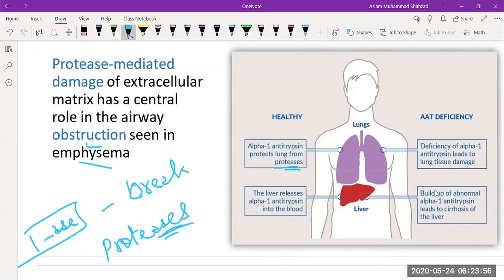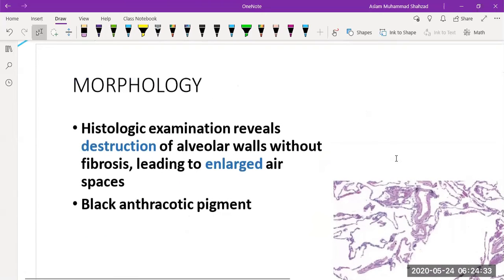So the liver releases alpha-1 antitrypsin into the blood. Because of the genetic malfunction or the missing allele, patients suffer from the disease, because of the deficiency of alpha-1 antitrypsin. What are the morphological characteristics? On histologic examination, we find destruction of the alveolar walls without fibrosis, leading to enlarged air spaces.